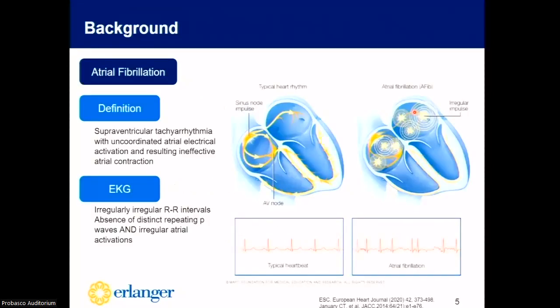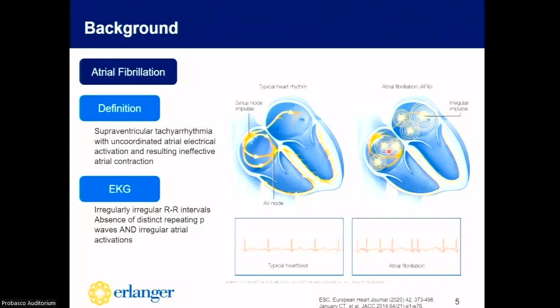Jumping into our background, a general definition of what atrial fibrillation is. It is a supraventricular tachyarrhythmia with uncoordinated atrial electrical activation, resulting in ineffective atrial contraction. You'll also see irregular RR intervals on an EKG, and you'll note complete absence of P waves, and this will direct you to presume that these patients are in active atrial fibrillation.